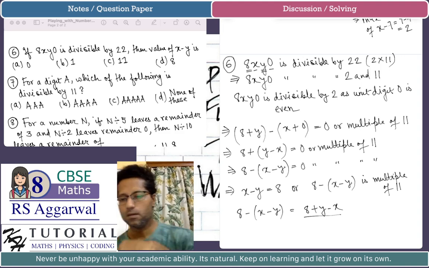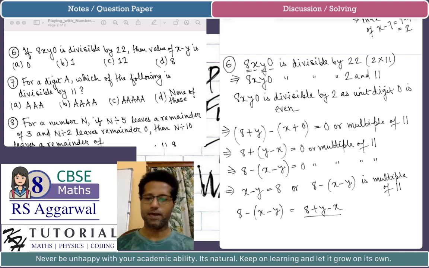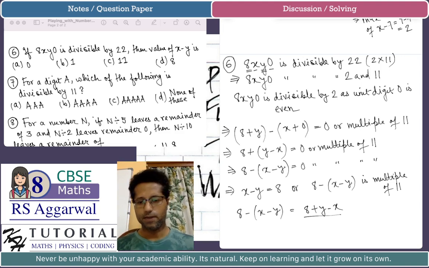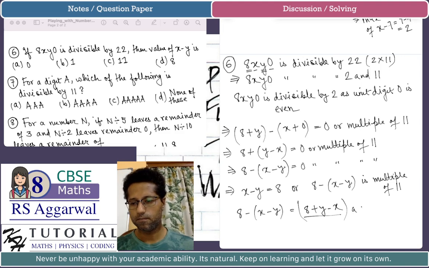If you take y as 4, then 8 plus y minus x should be a multiple of 11.